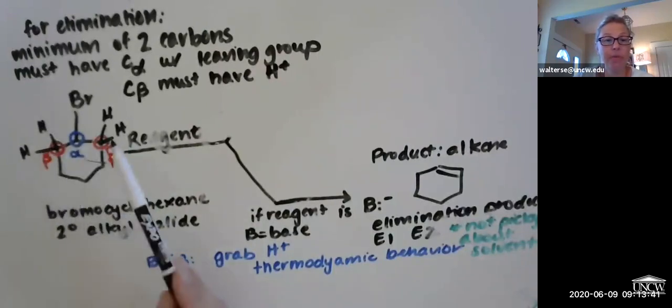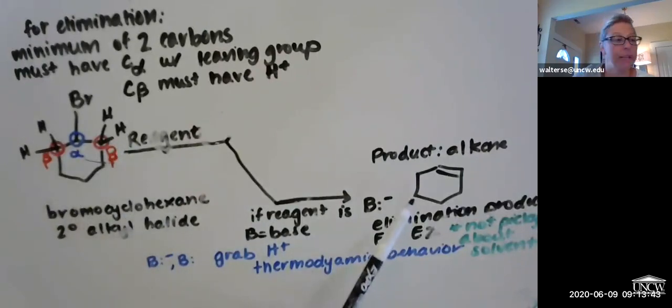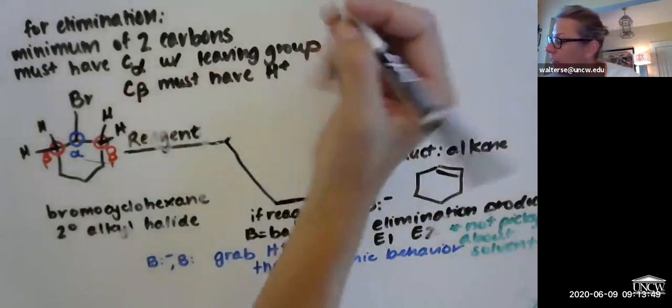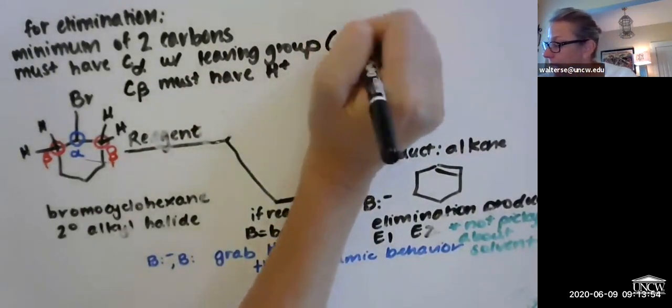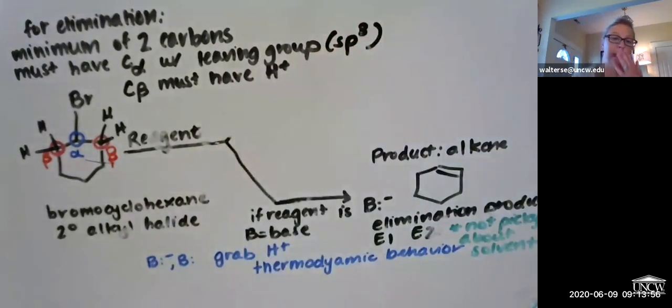Take one of these protons and cause the elimination reaction to take place. Again, it should be noted that carbon alpha needs to be sp3. We are only going to be doing elimination on alkyl carbons, not vinyl carbons.